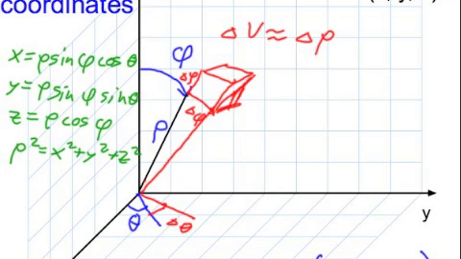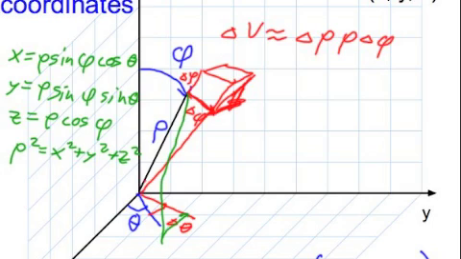But if you recall the definition of radian measure, the arc length is rho times delta phi. So we get a rho delta phi, and then this direction this way. Actually, let me draw that. That's the additional piece down here.